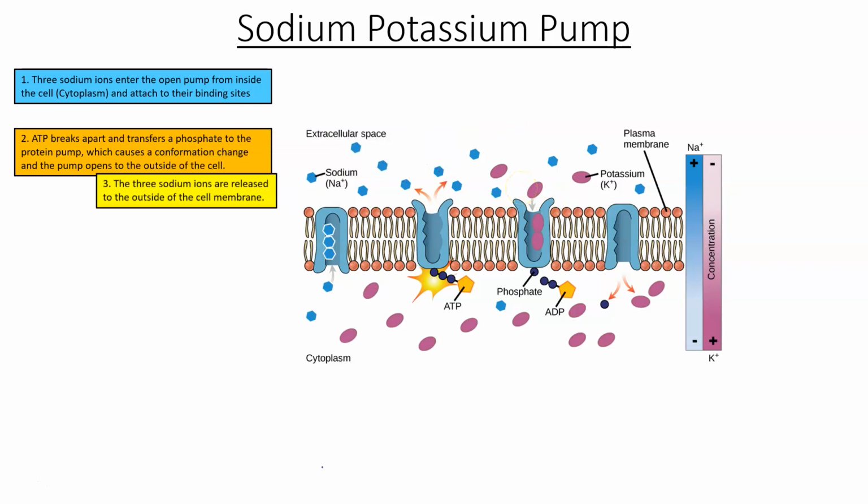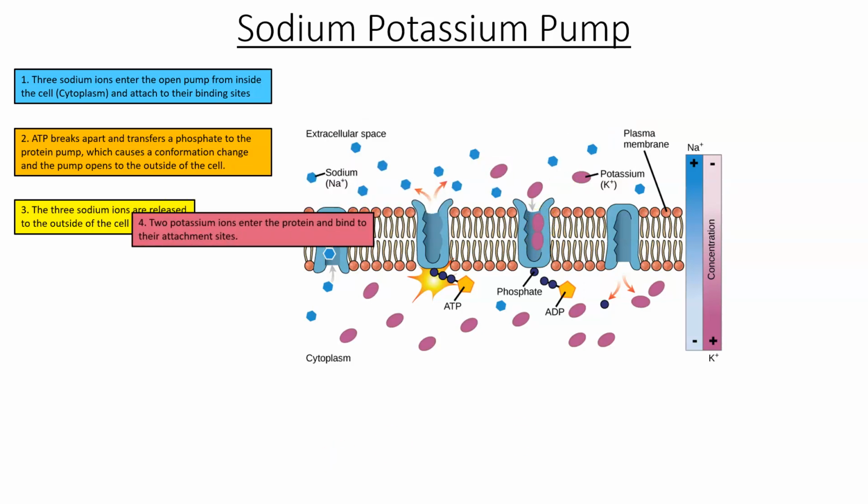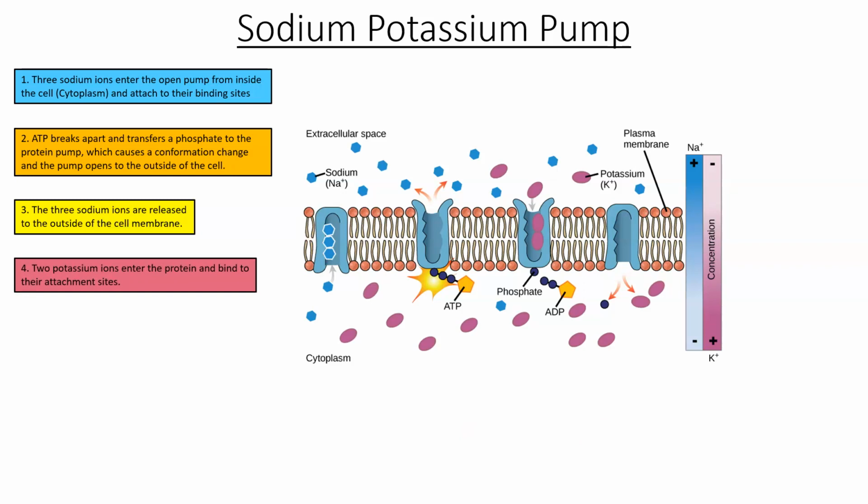Once those 3 sodium ions are released to the outside, because the channel protein is still open to the outside, 2 potassium ions are going to enter from outside and attach to their binding sites, causing the phosphate to be removed.